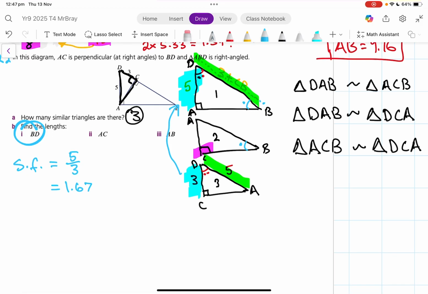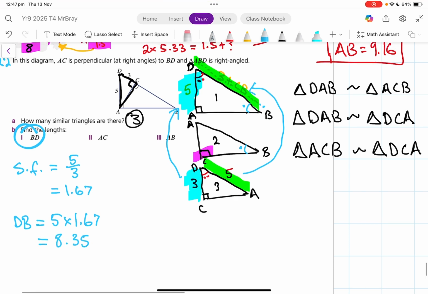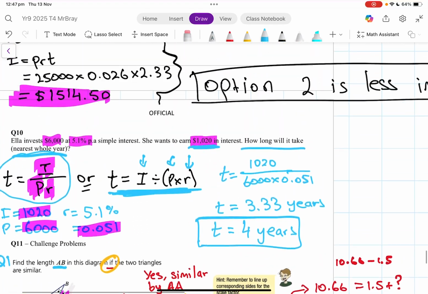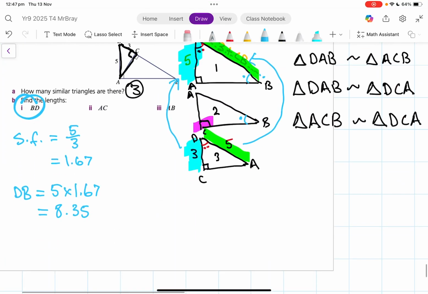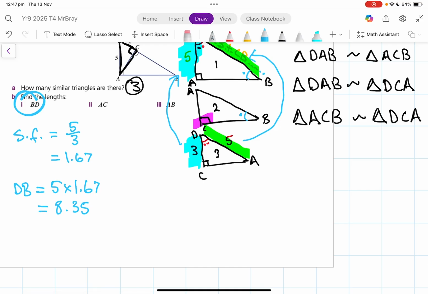And so to get the size of DB, the unknown side, it's going to be 5 times the scale factor, so 5 times 1.67, which gives us 8.35. There are no units in this question, so we will run with 8.35. I've written it the other way around, but DB and BD mean the same thing. It's just the line connecting the two. So that is my answer for part 1.